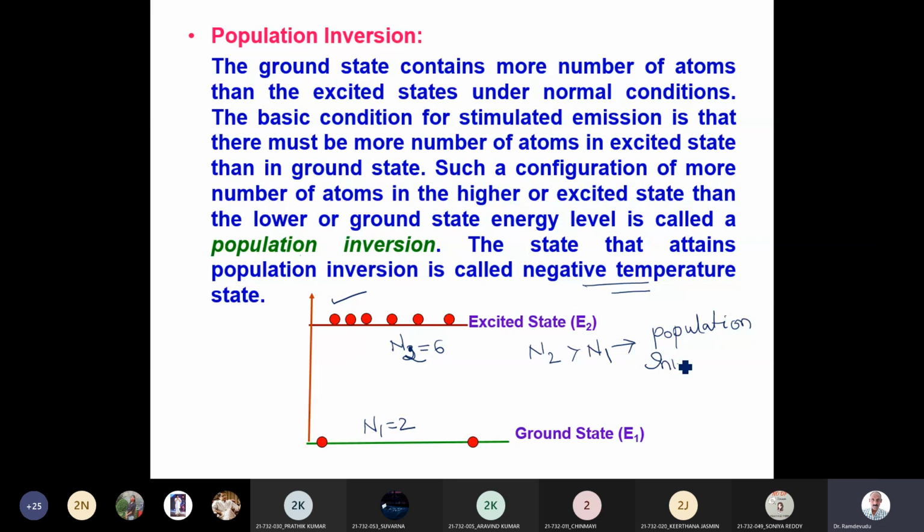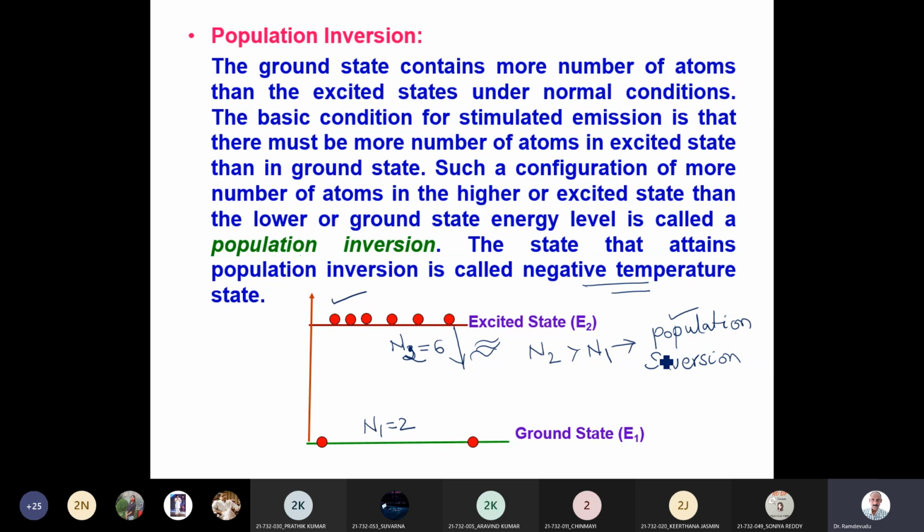Population inversion means the population is inverted. How is it inverted? Previously we have a large number of atoms in the ground state. That is the normal condition. But we have made more atoms go to the excited state so that they fall and give a coherent beam. That state of having more atoms in the excited state than the ground state is called population inversion, since the population is inverted.